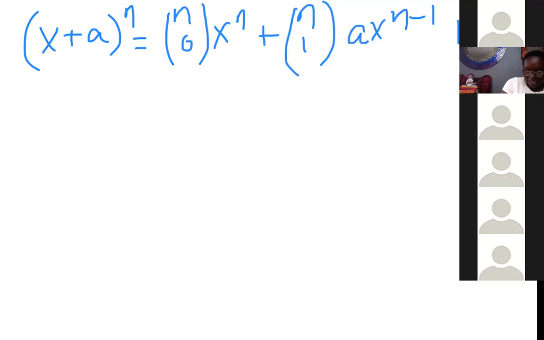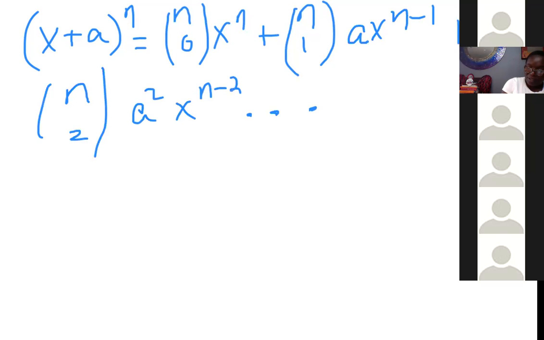Then n choose 2 times a squared times x to the n minus 2, and so forth until we're done at n choose n times a to the j power.